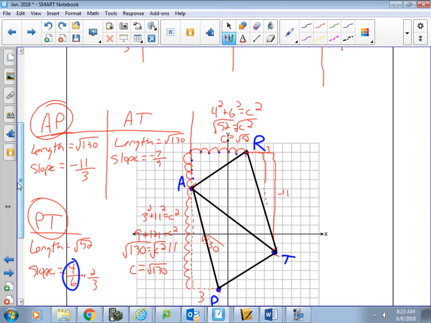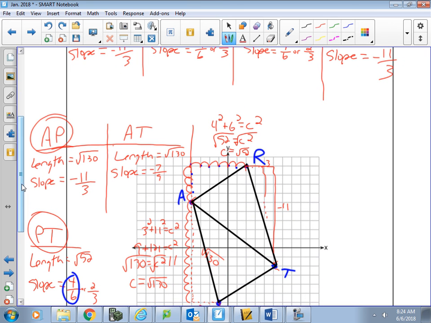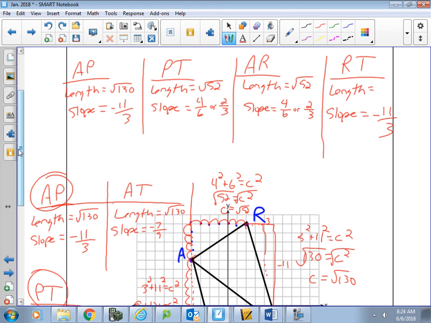So it's actually negative 11 over 3. And then our distance is going to be 3 squared plus 11 squared is equal to c squared. We already know that that's equal to 130 equals c squared. C is equal to radical 130. All right. So we have now all 4 sides. We have the slope and we have the length. So we can now write up our proof.